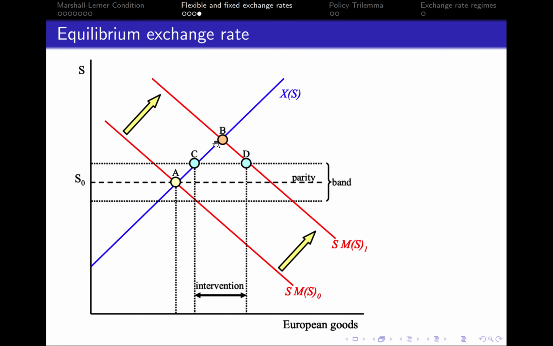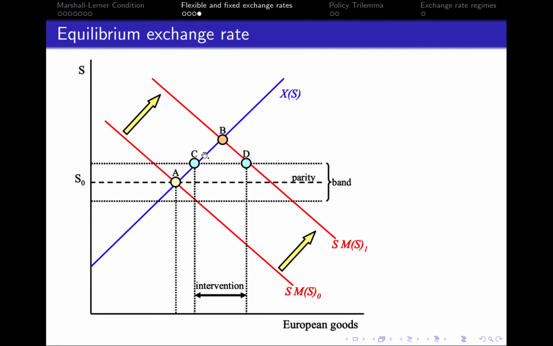So now what can be done is that the European Central Bank can take its reserves of US dollars and sell them on the market for euros.